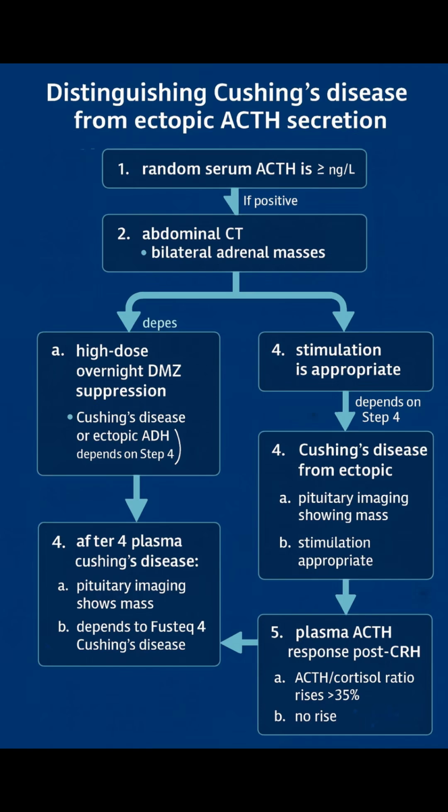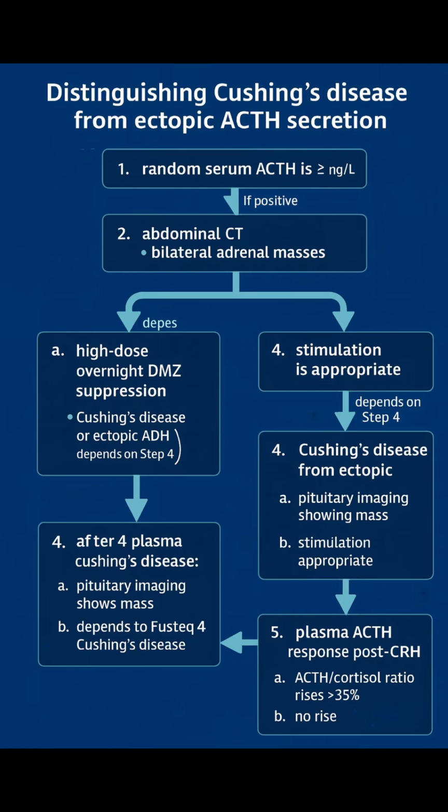Next is the high dose dexamethasone suppression test. Phenytoin and many other things can interfere with this test, but what is the main gist? We give an overnight high dose of dexamethasone. First you get a baseline 8 a.m. plasma cortisol level.